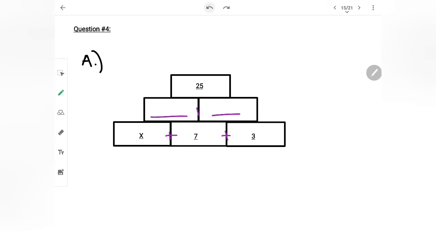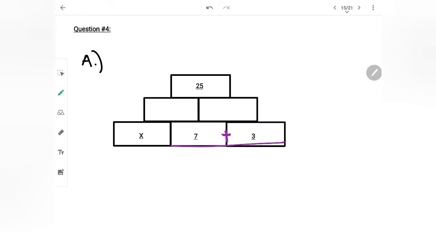So just to kind of get started off, we'll go ahead and start with this right here, 10 plus 7, or x plus 7, I apologize. I'm sorry, I meant to say, because we're going to have to solve for our x in order to find our blank, our best bet would be to start out with 7 plus 3.